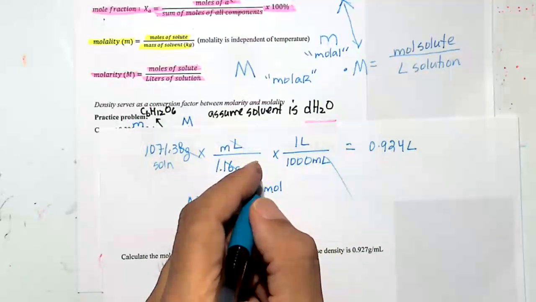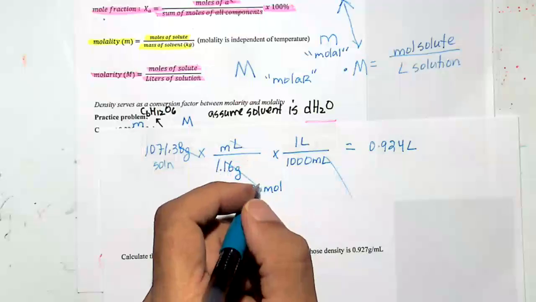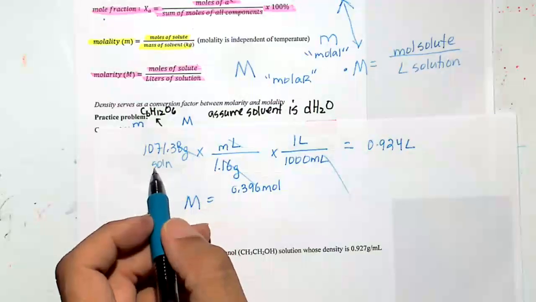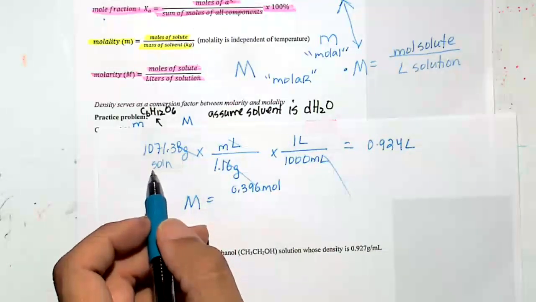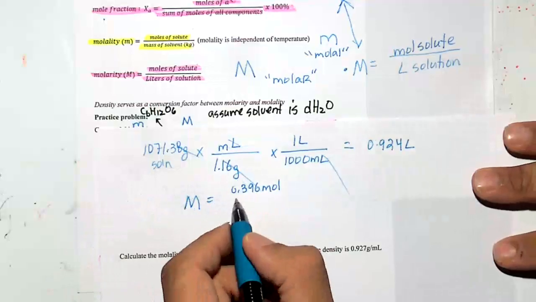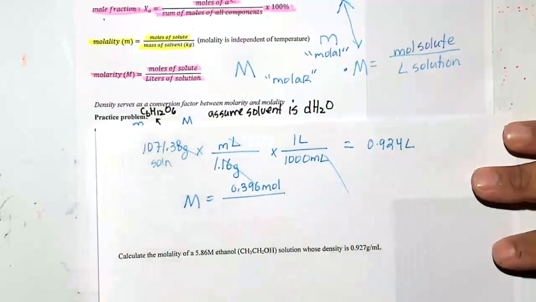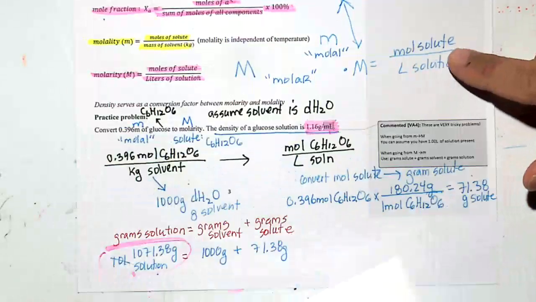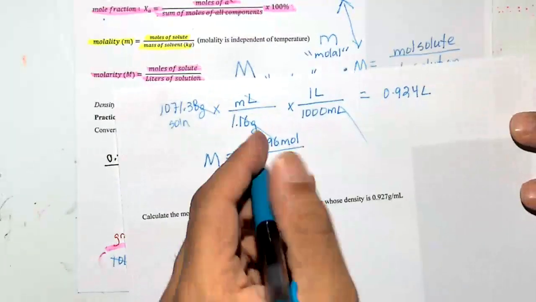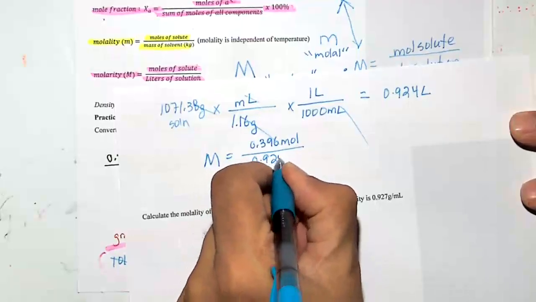So you add them up. You add the grams of solute plus grams of solvent. When I did that, I got about 1,071.3, unless I did the math wrong. That's why I need somebody to double check me. Moles of solute, which is that, liters of solution, which is this, 0.924.